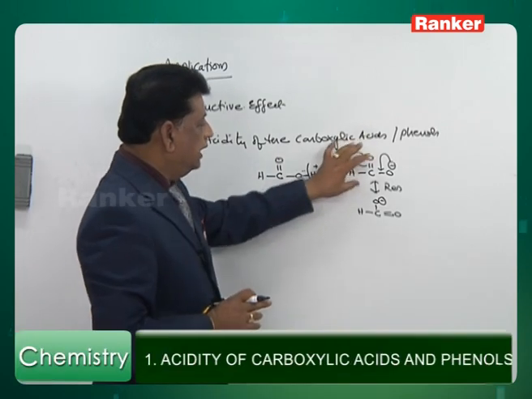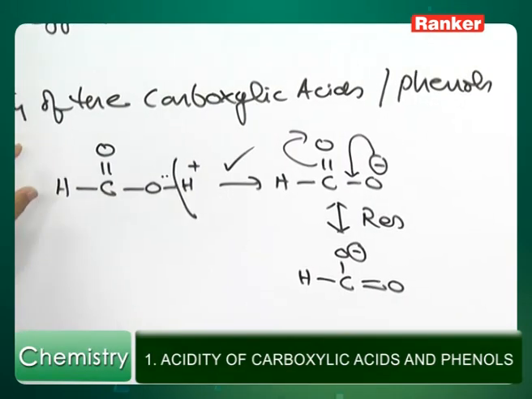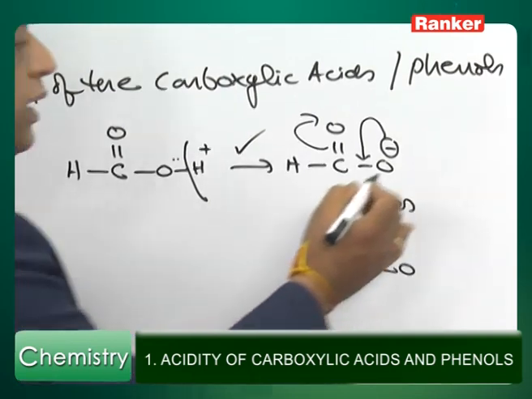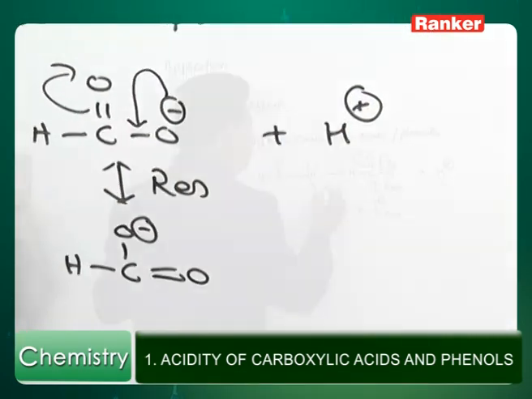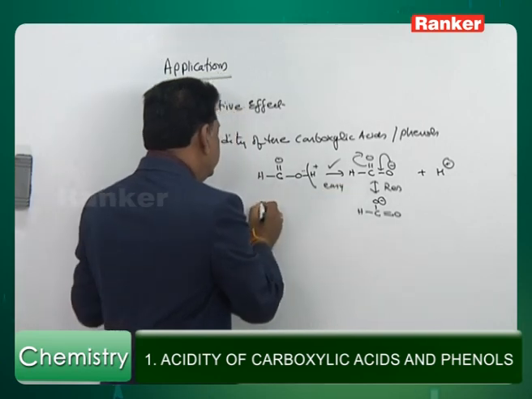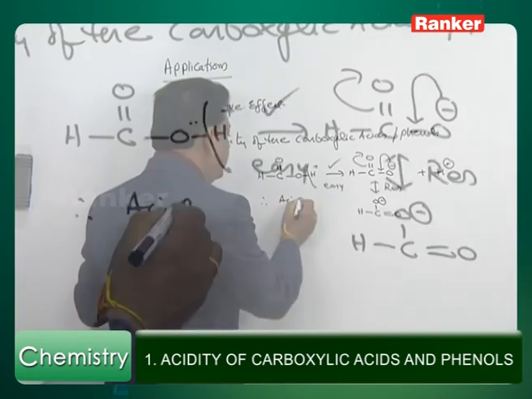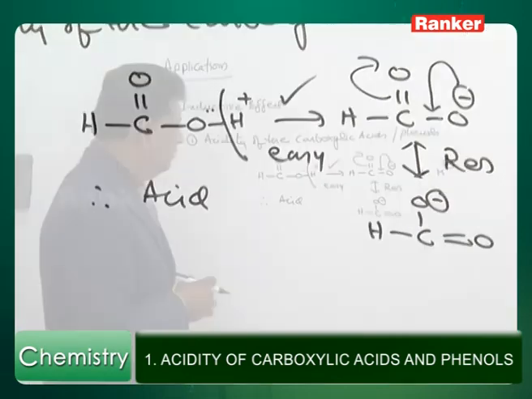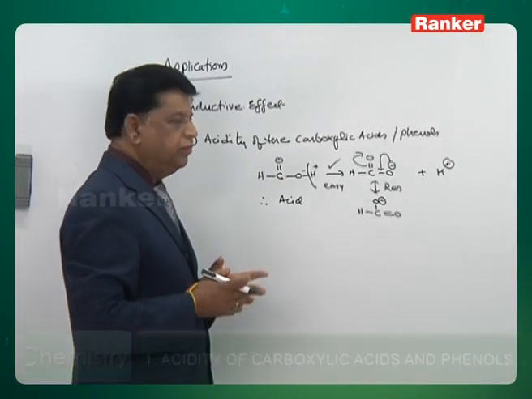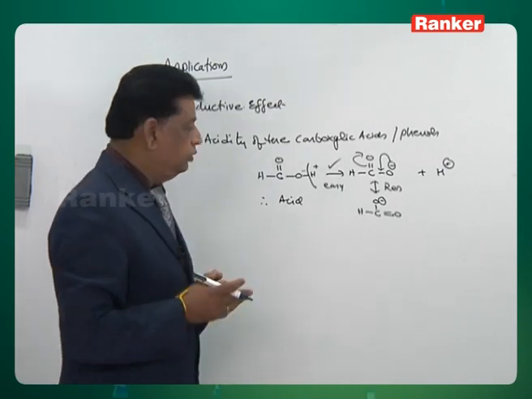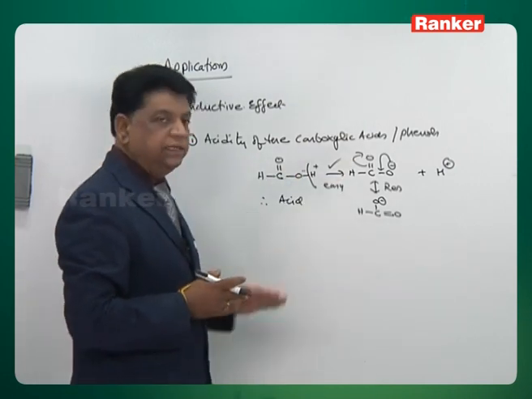So, this molecule has stability, that is why the process of donation of the proton is explained as easy. This process is easy. So, therefore, it is acid. Any compound, first of all, must have a hydrogen to lose the proton, but all compounds which have hydrogen may not lose it. After losing, what is the consequence?